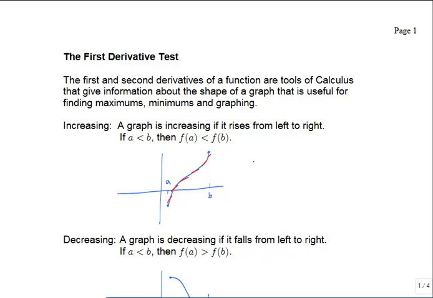And what are these slopes? They are called the derivative. So what we're going to notice is that a graph is considered increasing if its derivative is positive.